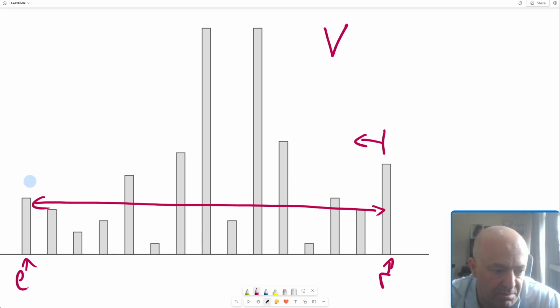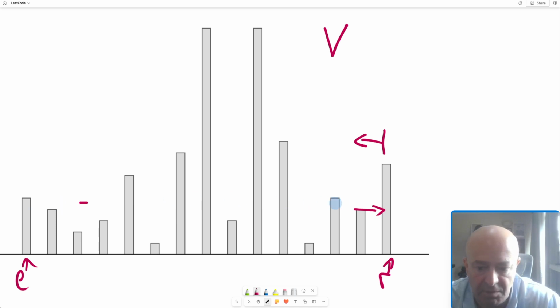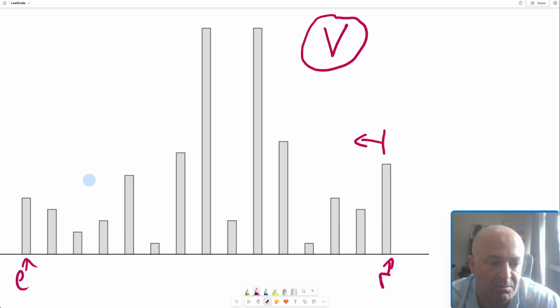This gives us some sort of outline of our algorithm. So imagine the following. Let's say we're keeping track of the best volume that we've encountered so far, and currently we're looking at some container, maybe this one.